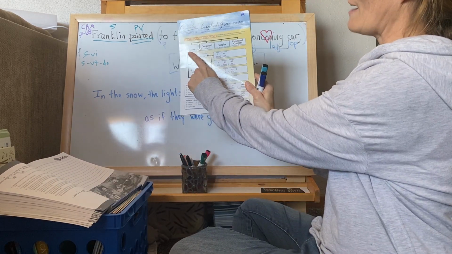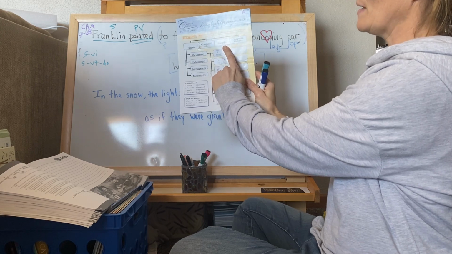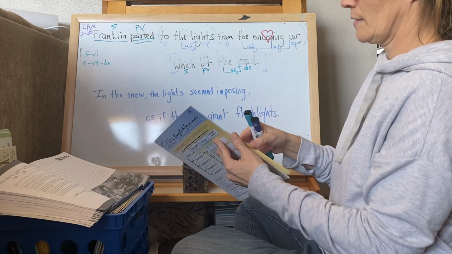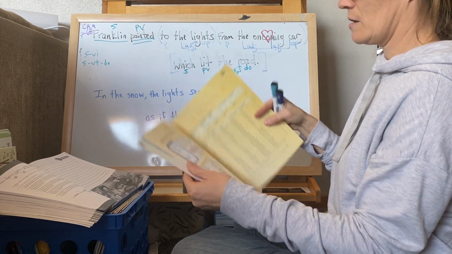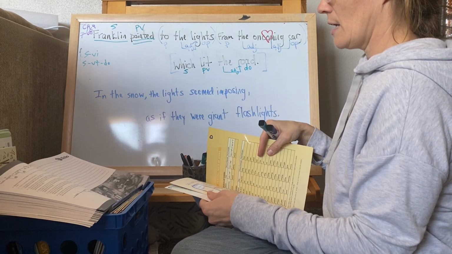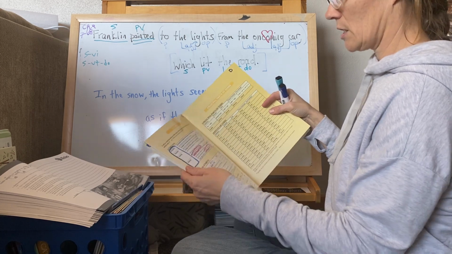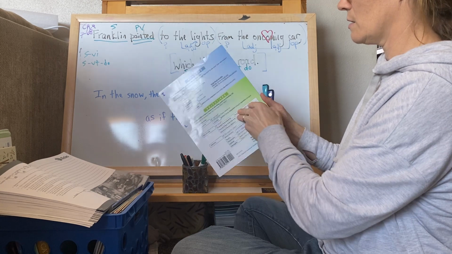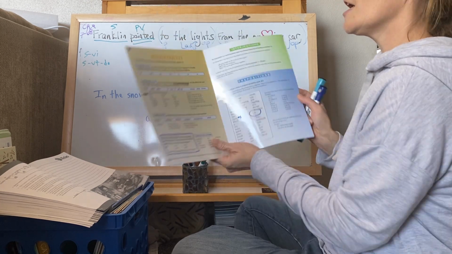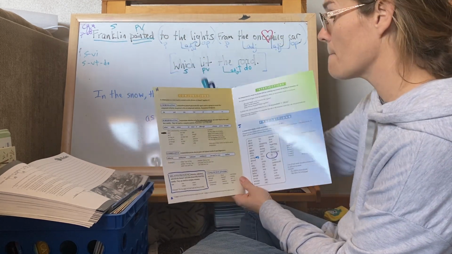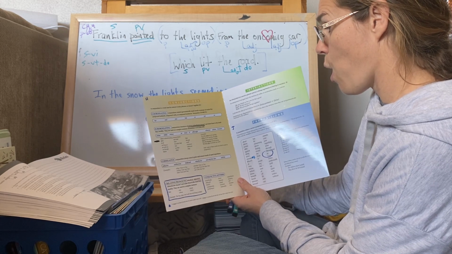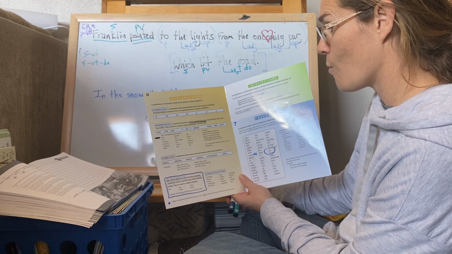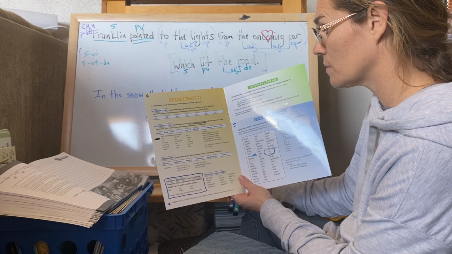But we have a complex sentence because we have an adjectival clause. If we were to look at our conjunctions here: when, while, where, as, if, since, or because.